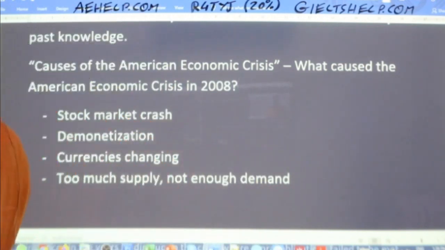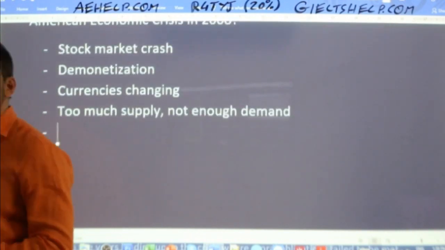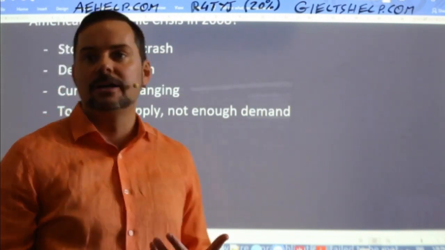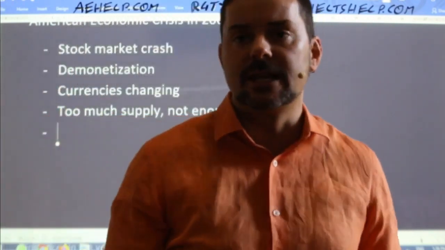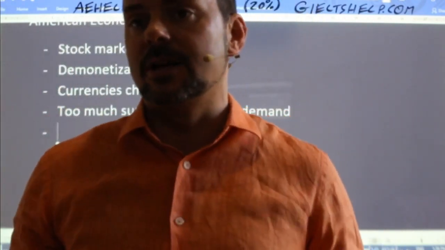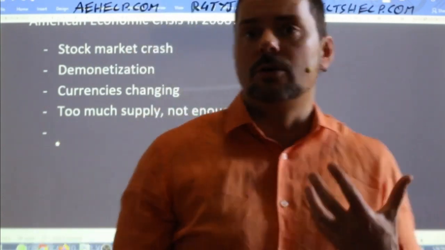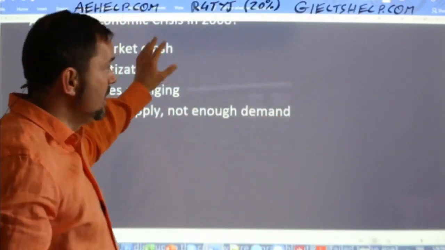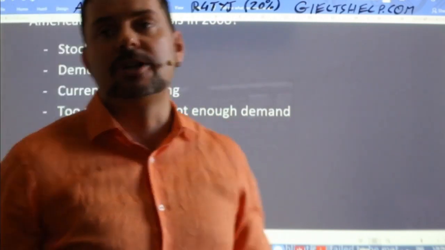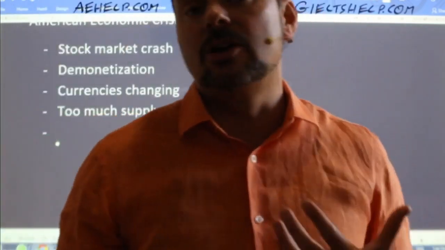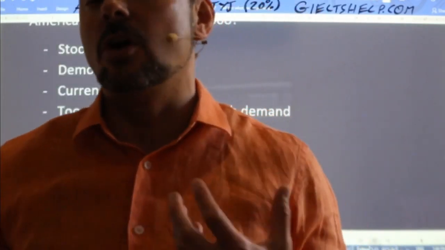Okay, so not paying back loans. What kind of loans? Anybody know what kind of loans were not paid back during the 2000s that led to the American economic crisis? And of course, it looks like we're talking about the US and America, and I don't know much about it, but that economic crisis was felt in all parts of the world.